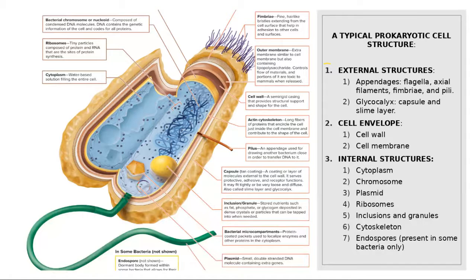The external structure consists of appendages and glycocalyx. The appendages are mostly used for movement, like flagella and axial filament, or for attachment, like fimbriae, or for transferring genetic materials, like pili.